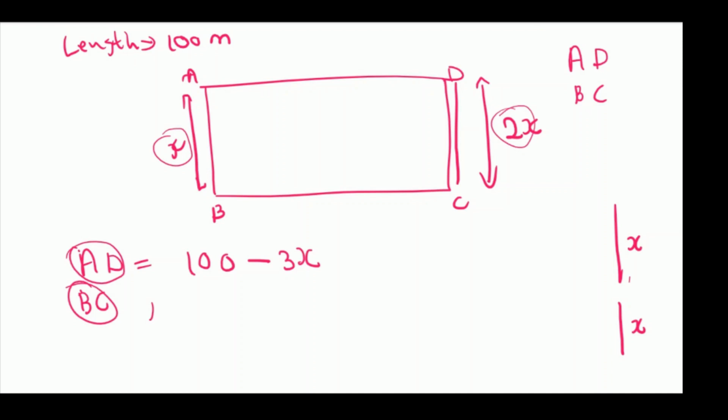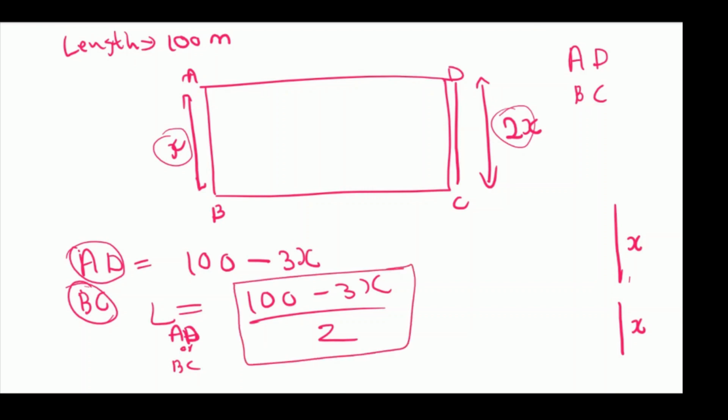So considering these two dimensions, each is going to be 100 minus 3x divided by 2. So AD is going to be 100 minus 3x divided by 2, and BC is also 100 minus 3x divided by 2. So these are the dimensions.